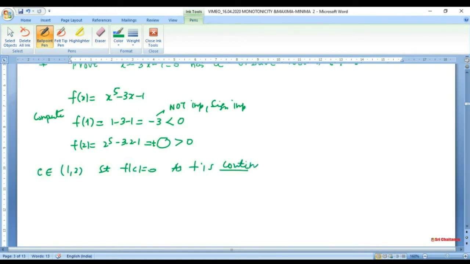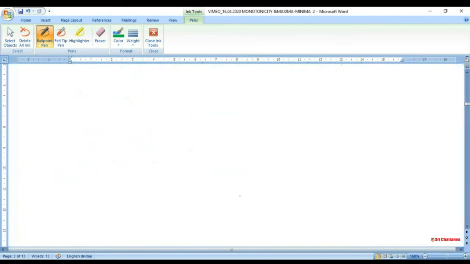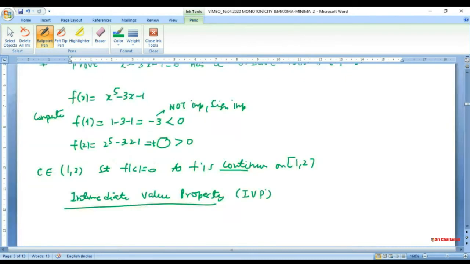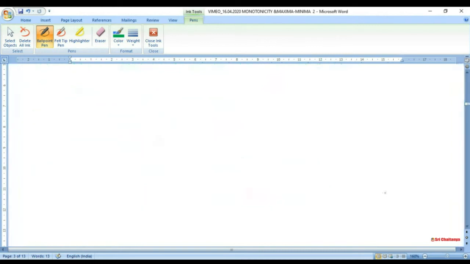continuous on the closed interval [1, 2], and this result follows from what we know as the intermediate value property. I discussed it in my continuity lecture, that is called IVP for short. So it is the intermediate value property for continuous functions. Why is the name like this?